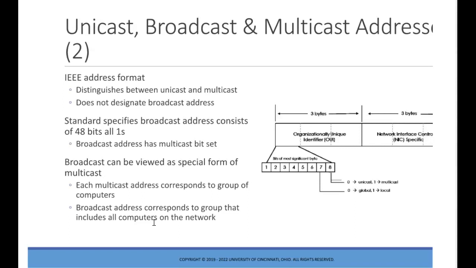Each multicast address corresponds to a group of computers, and broadcast addresses correspond to a group that includes all computers on the network. Recall the sequence in which Ethernet bits are transmitted. It sends the most significant byte first and the least significant bit first. So the unicast/multicast bit is the first one received by the NIC.